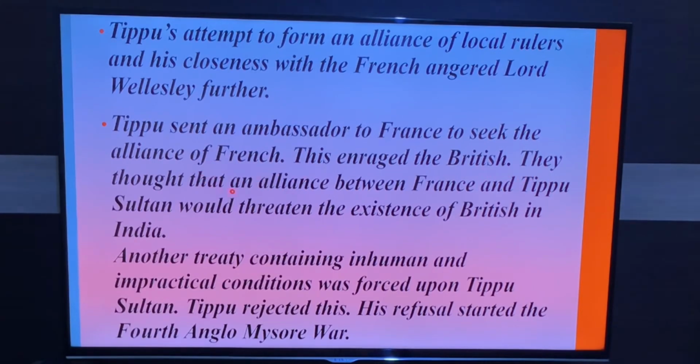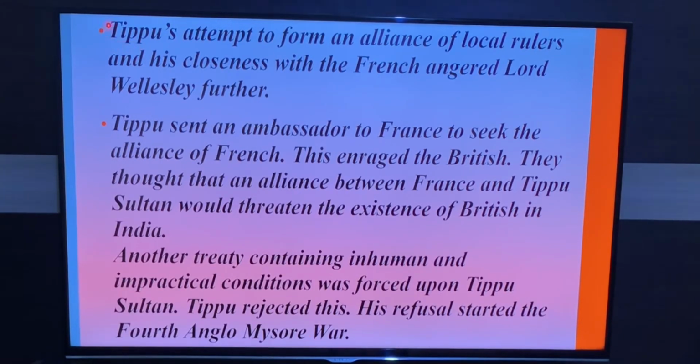They thought that an alliance between France and Tipu Sultan could threaten the existence of the British in India. Another treaty containing inhuman and impractical conditions was forced upon Tipu Sultan. Tipu rejected this. His refusal started the Fourth Anglo-Mysore War.